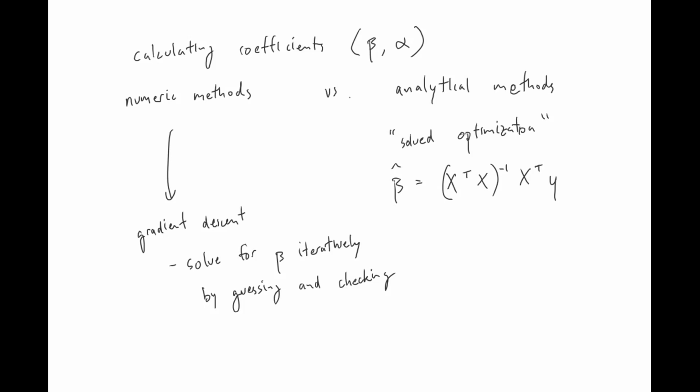And so gradient descent is going to be substantially faster and more efficient than your traditional analytical methods once you are reaching a certain scale of data.